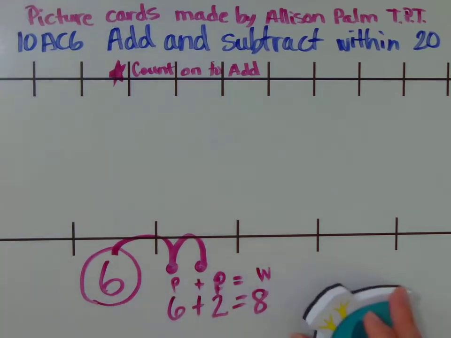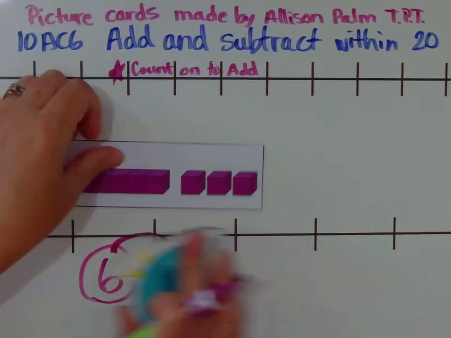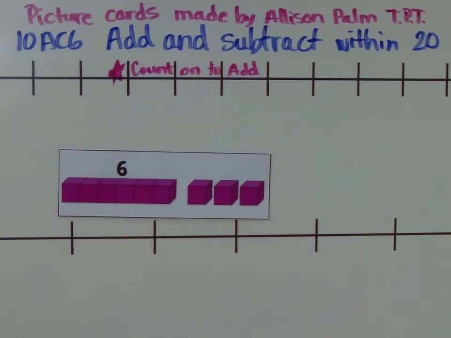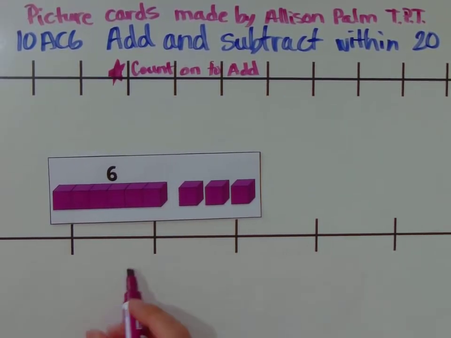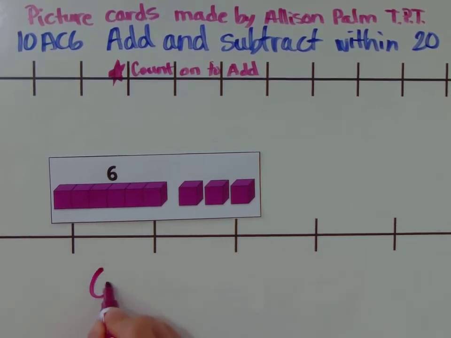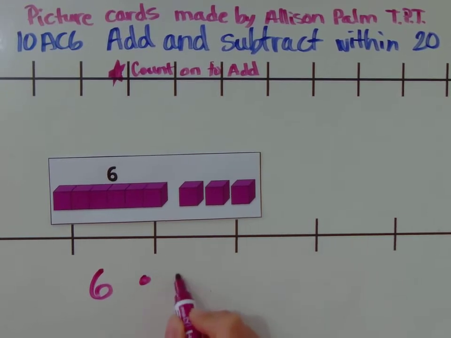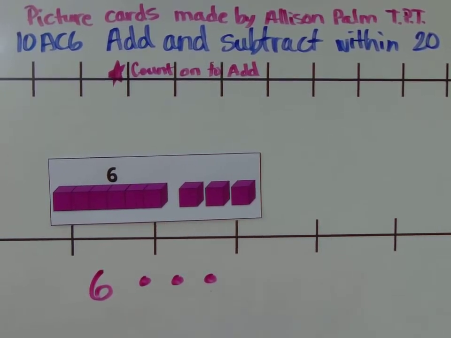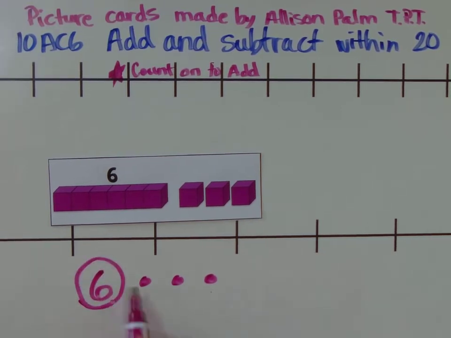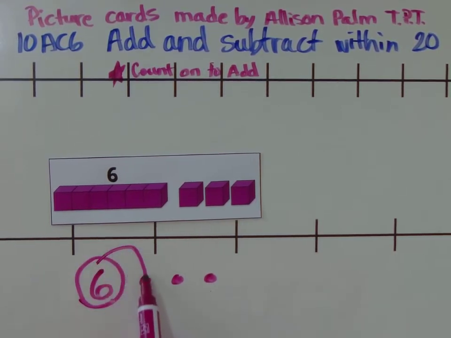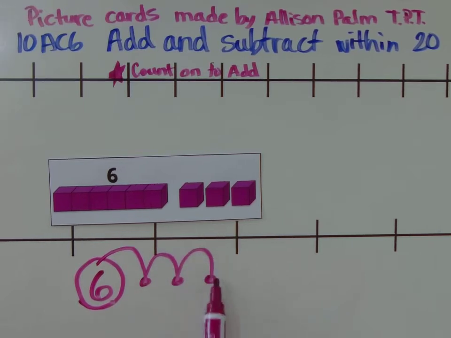The next one we're going to do is 6 connecting cubes and 3 more. So we're going to write the number 6 and 3 more dots. Let's circle the 6 and say 6. 6, count on, 7, 8, 9.